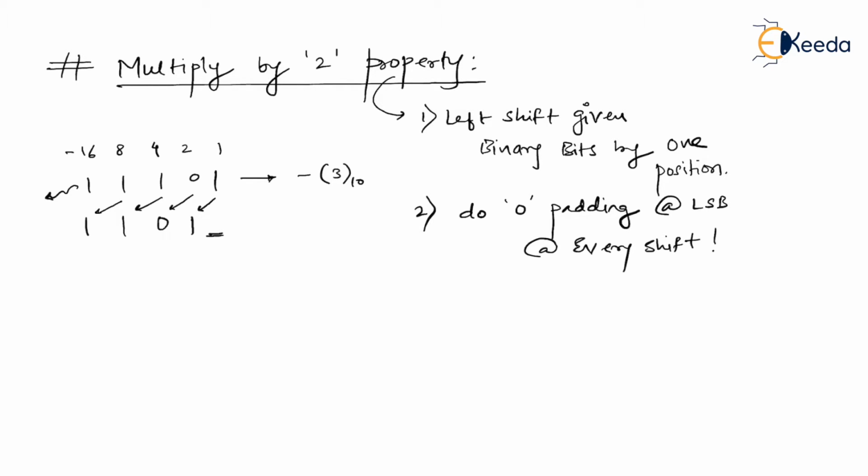That's the reason why I have the second step: do 0 padding, or padding of zeros, at the LSB. That is, where the vacancy is created at the LSB, I'm going to put an extra 0. I hope you understood this. Now let's see what number you get. -16 plus 8 is -8. -8 plus 2 is -6.